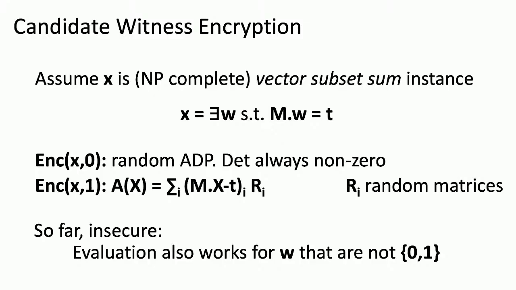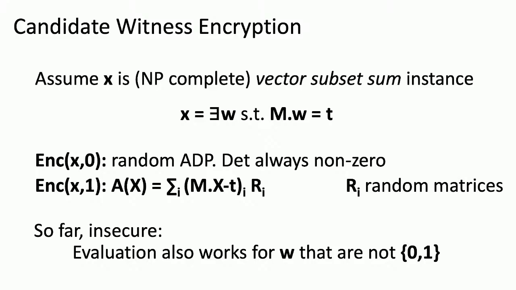It's definitely not secure. Why? So far we haven't done anything to actually force the input you evaluated on to be 0,1. In particular, I can just solve this equation using linear algebra to get some accepting w and plug it in here. The w won't be 0,1, but this doesn't care about it being 0,1.